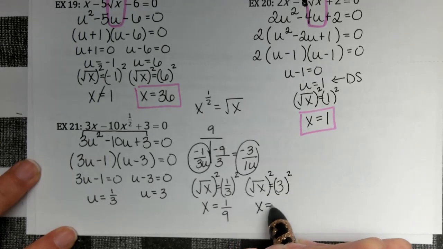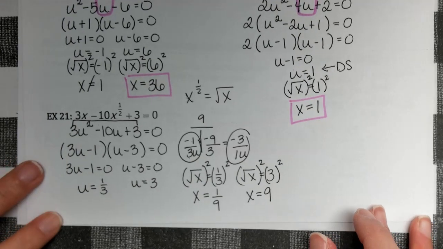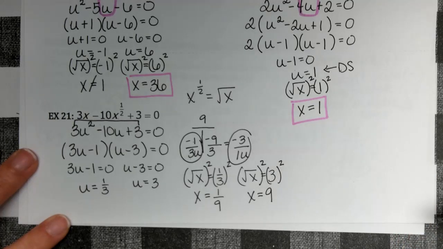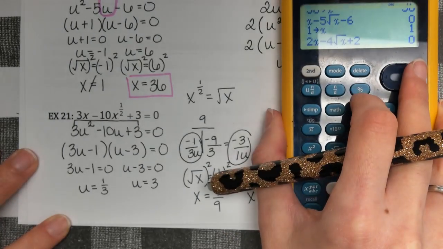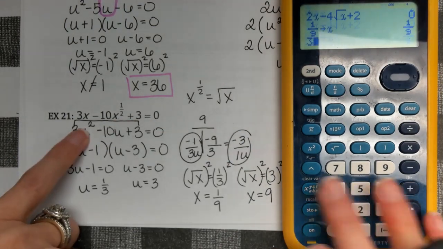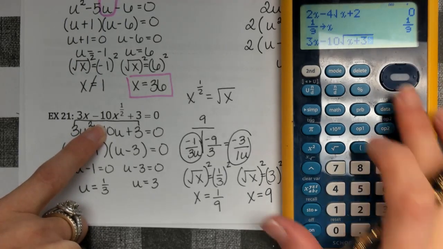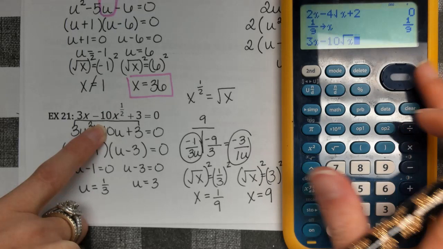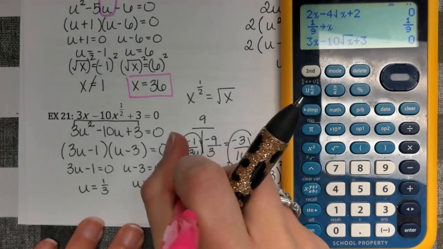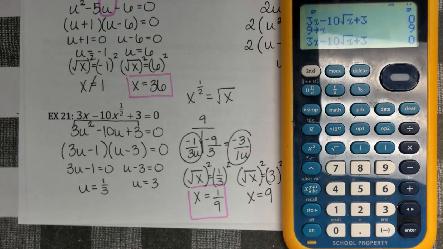And x equals 9. Okay? And then we check it. 1/9 store for x. 3x minus 10 square root of x plus 3 gives me 0. 9 store for x also gives me 0.